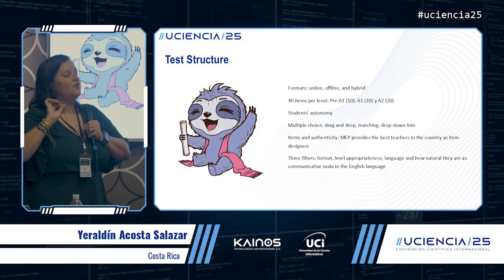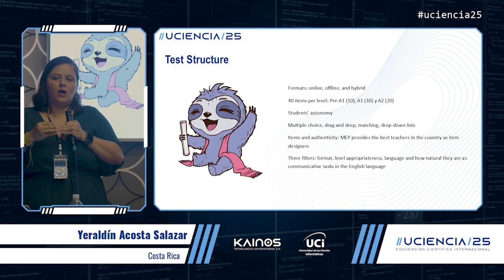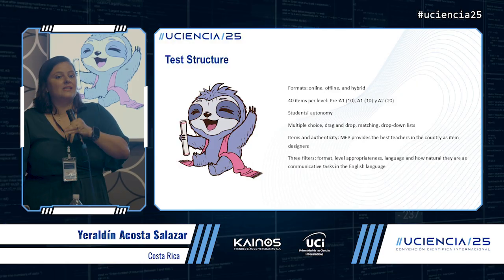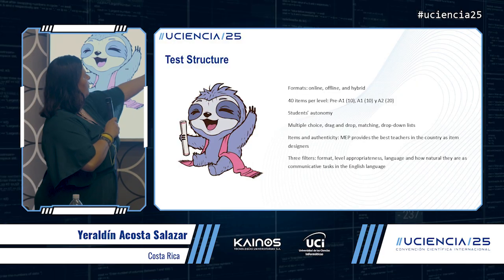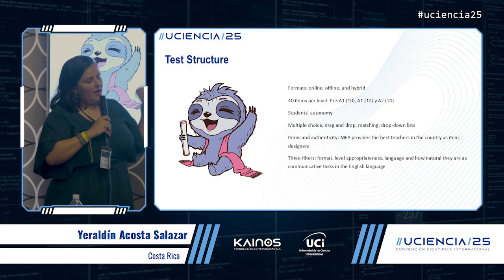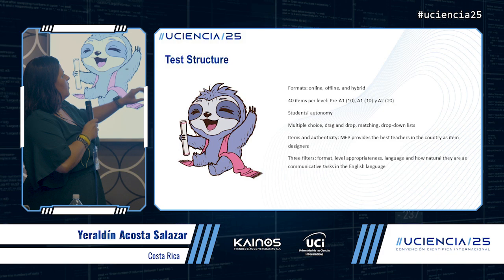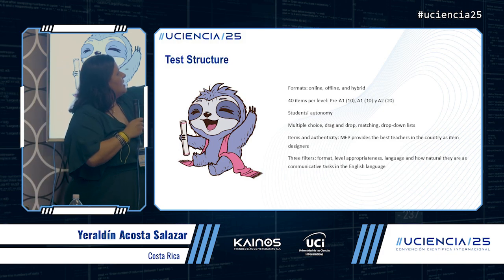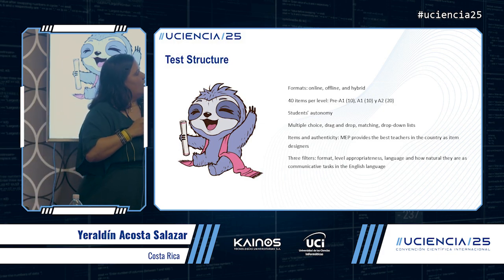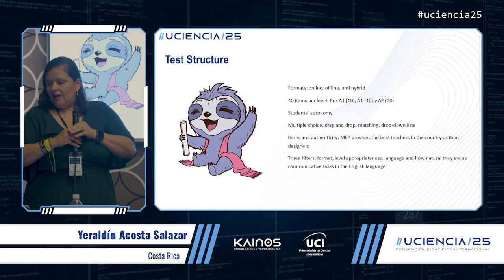So that is very convenient because it doesn't require an extra person that sends the result, as with the offline version. So we have 40 items per level. It will be pre-A1 is 10, A1 10, and A2 is 20.